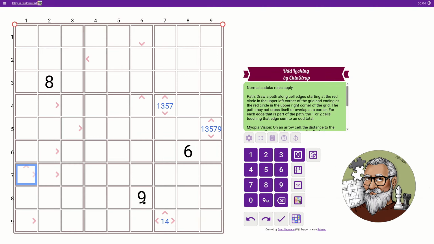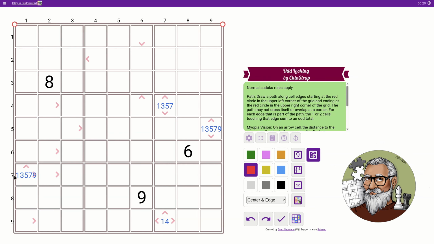Okay, what about this one? This one is going to be constrained by this one, I think. Or is it? I think it's the other way around. Well, I can't have one. Okay, I can't have one because one would mean that we have this configuration and there's nothing to put here.